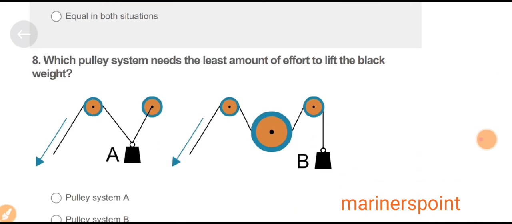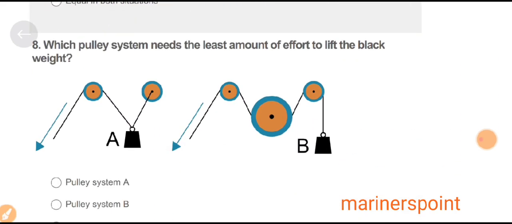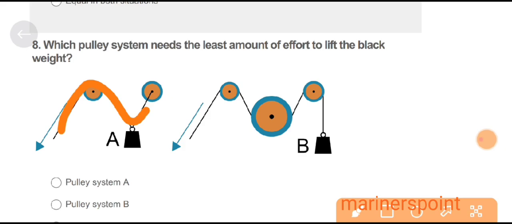Now next question. In which pulley system is the least amount of effort needed? I have given the concept for the pulley arrangement, you can watch the video. If the wire is the same, then the force along the rope is the same. Here, if the force is the same, then along the wire the force is the same.